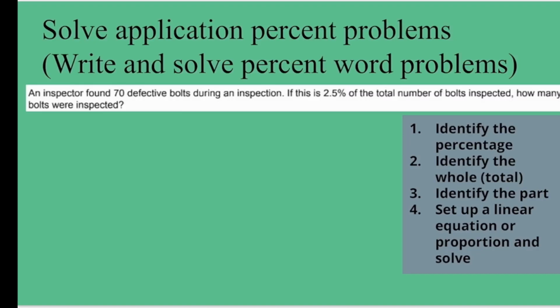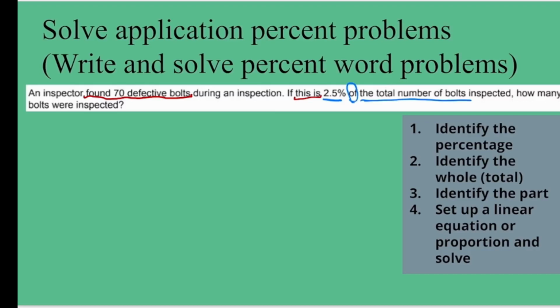So this first question here says an inspector found 70 defective bolts during an inspection. That's going to be important, 2.5% of the total number of bolts inspected.